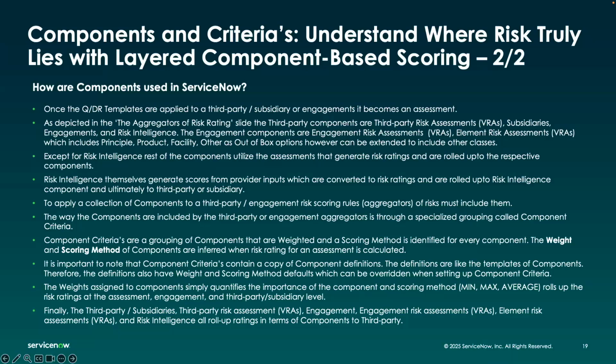So, in summary, component criteria are what make it possible to translate individual component level risk scores into a single unified third party risk rating. They enable you to fine tune your scoring model, ensuring that every relevant factor, whether from direct assessments, supporting elements, or external intelligence, is accurately represented in your risk picture.